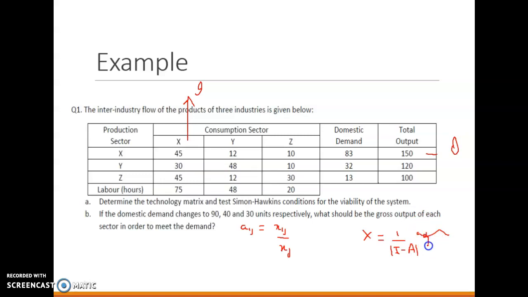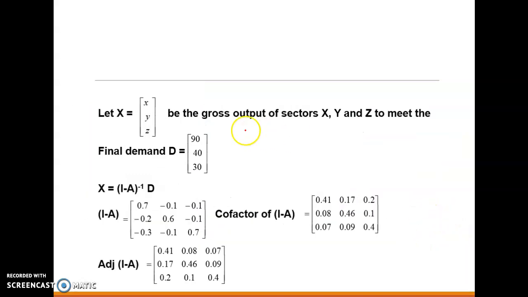So the formula is X equals 1 divided by the determinant of I minus A into the adjoint of I minus A multiplied by D. This is your formula, so you can simply use it.